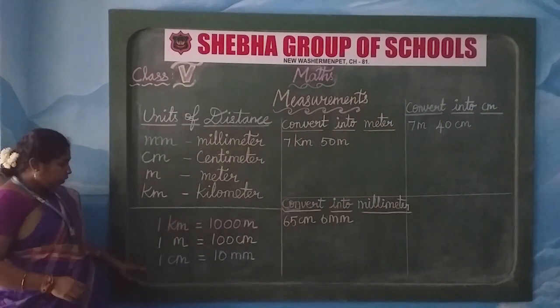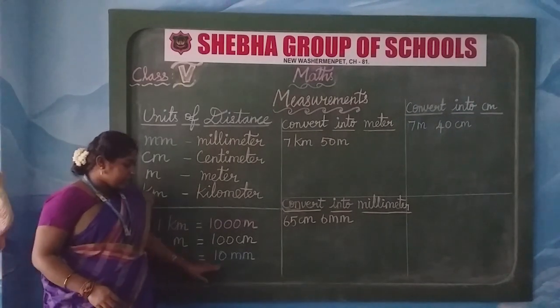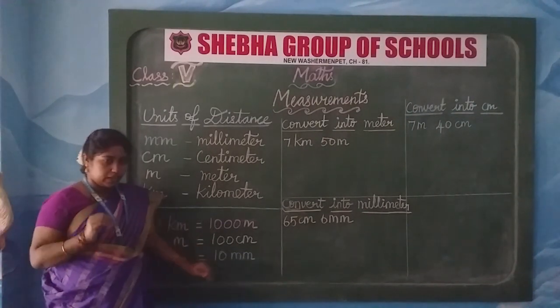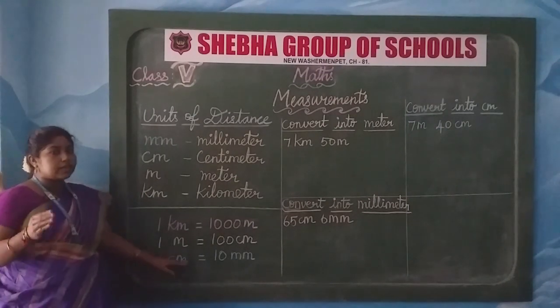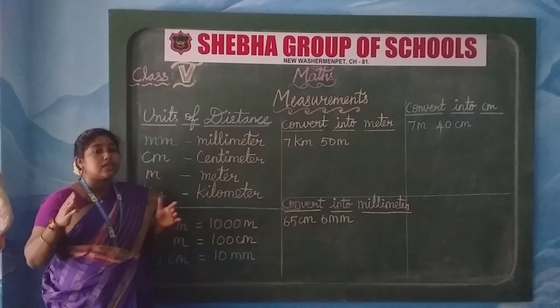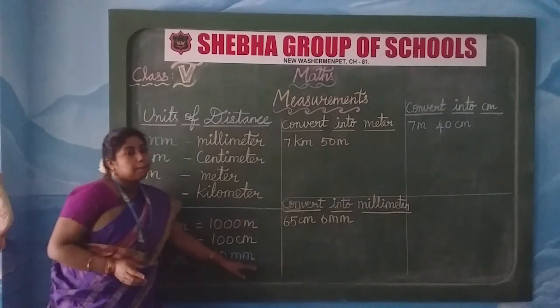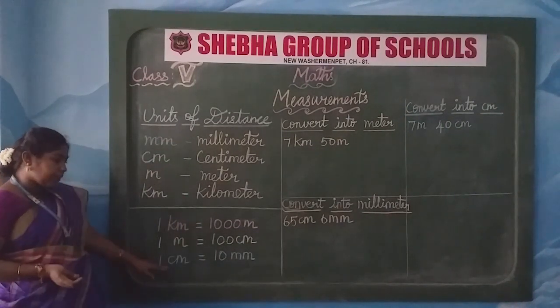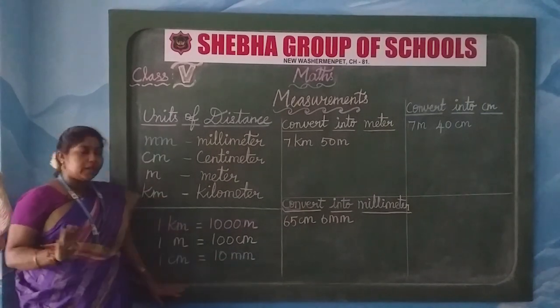In a similar way, 1 centimeter is equal to 10 millimeters. 1 centimeter is divided into 10 equal parts, and those parts are the unit of millimeter.